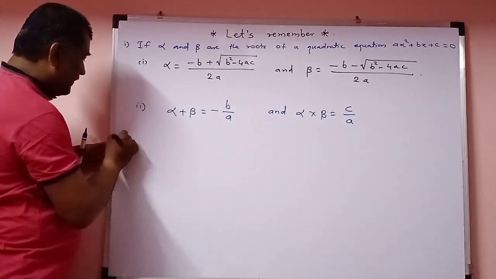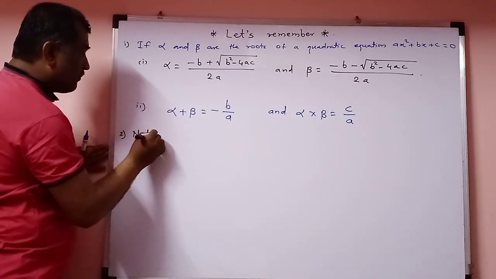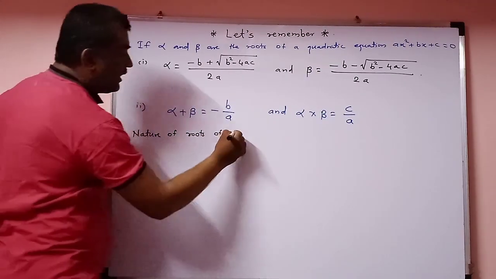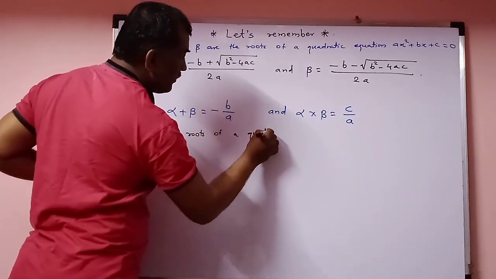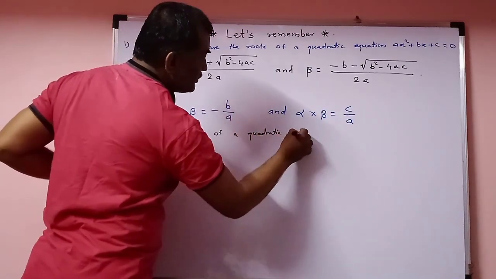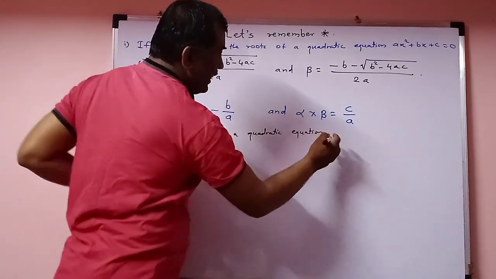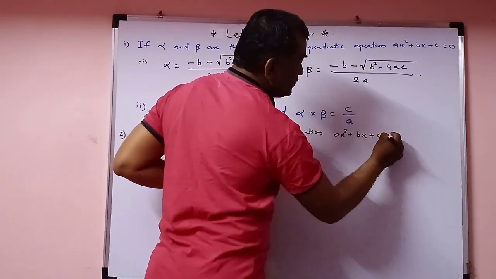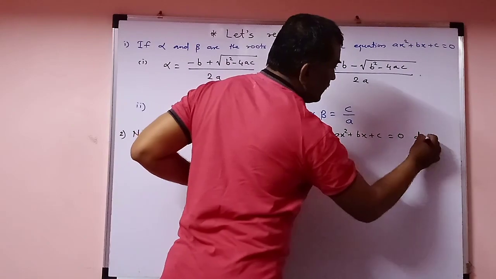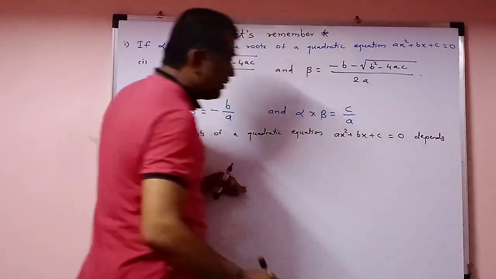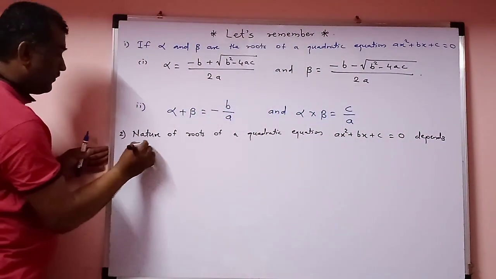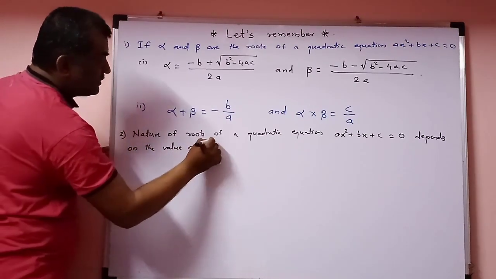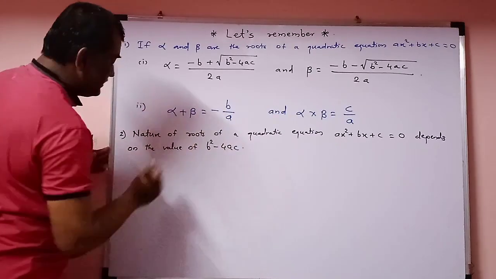Second point पाहिला आपण nature of roots. Nature of roots of quadratic equation ax square plus bx plus c is equal to 0 depends on the value of b square minus 4ac.